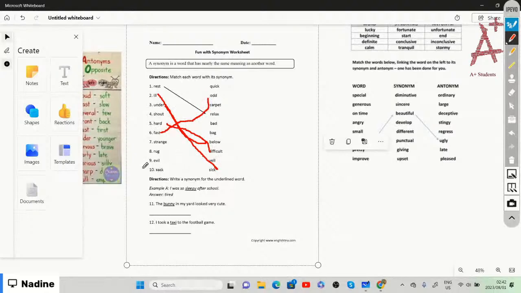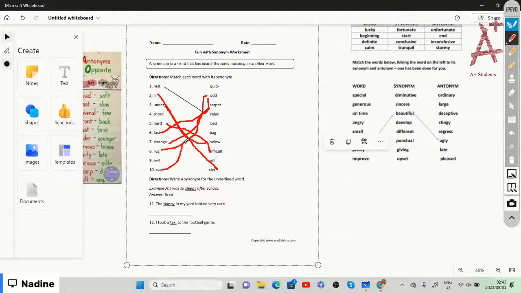If something is strange, we can say something is odd, right? A rug is another word for carpet. And then we have evil, and then we have sack.